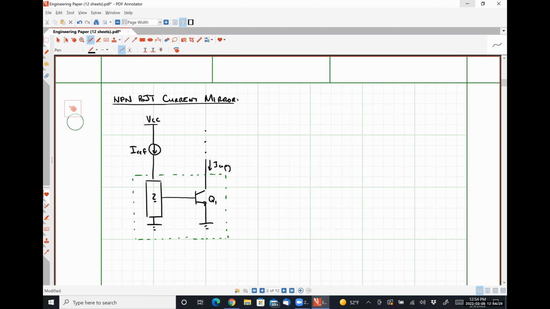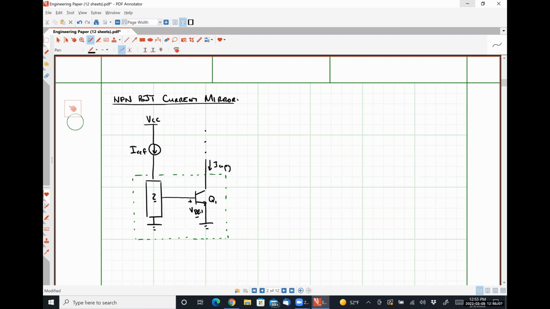So let's talk about what Q1 is doing, okay? Creating this copy current. Well, how does it do that? Well, as we know by this point, or at least I hope we know by this point, a BJT can be utilized as a voltage controlled current source, right? So we have some voltage here, VBE1, which tells us exactly how much current I copy is.